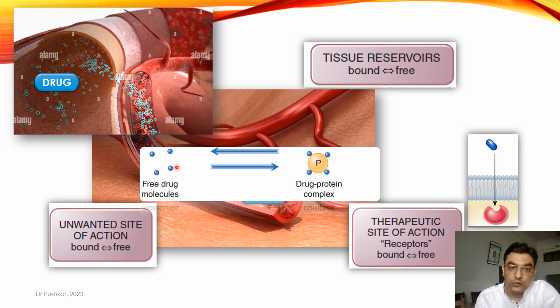So free drug molecules are there, as well as drug molecules bound to proteins, all in equilibrium with each other. The drug bound to the receptors, the drug bound to the tissue, and the drug at the unwanted site of action will also remain in equilibrium with the free drug.